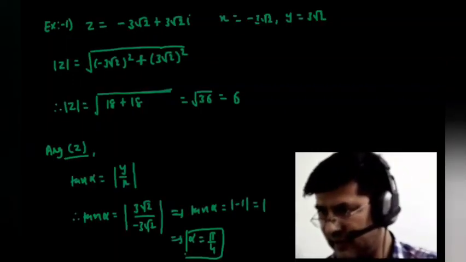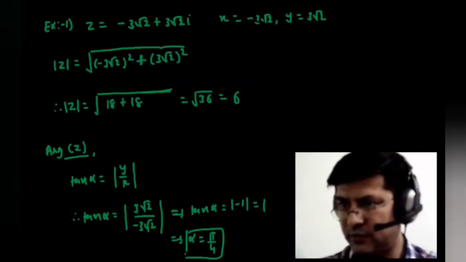Okay, now we can write the polar form. Z is equal to... what is z? Z is minus 3 root 2 plus 3 root 2 i, and we have the polar form: modulus of z, or r, into cos theta plus i sin theta.